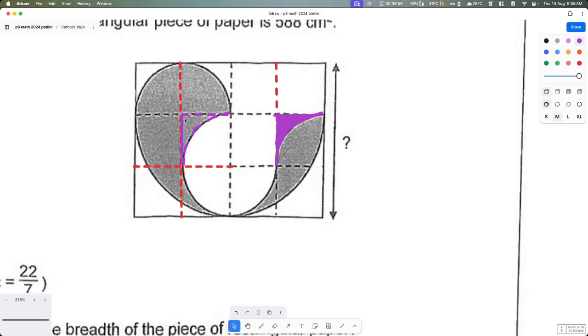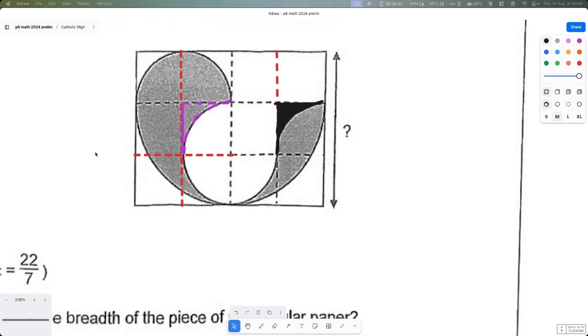So what I can do is get the whole semicircle, and then minus the circle, and then just get the shaded area. So if I draw some more things, basically we can remove this, like that.